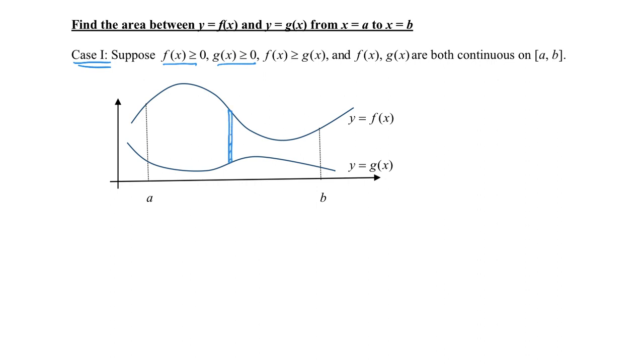And we want to find the area of our sample rectangle. Because then, once we find the area, we'll just sum all of those. We'll add up all the sample rectangles.